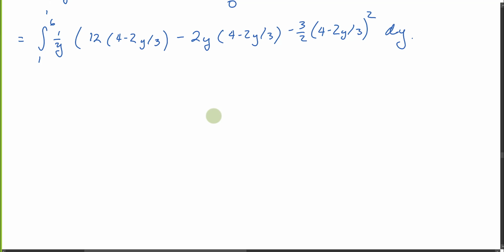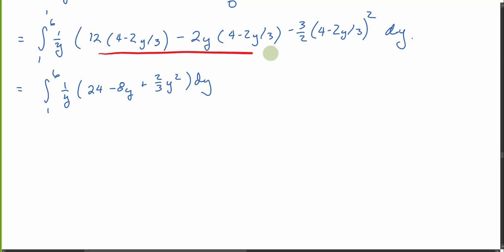Questions on that so far, folks? Okay, so you can check me, but I did double check this. This comes out to be 1 over y times 24 minus 8y plus 2/3 y squared, and then all integrated with respect to y. Okay, and that's just simply what I get when I clean up this big mess here.